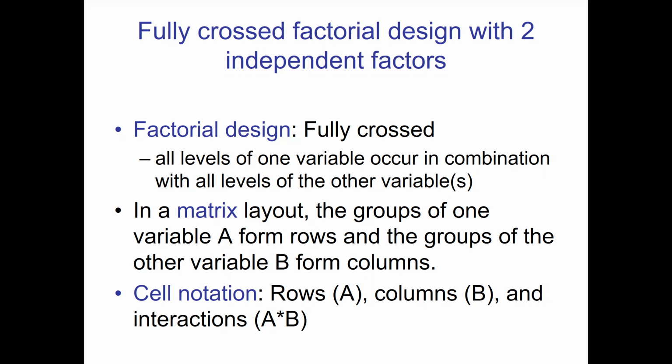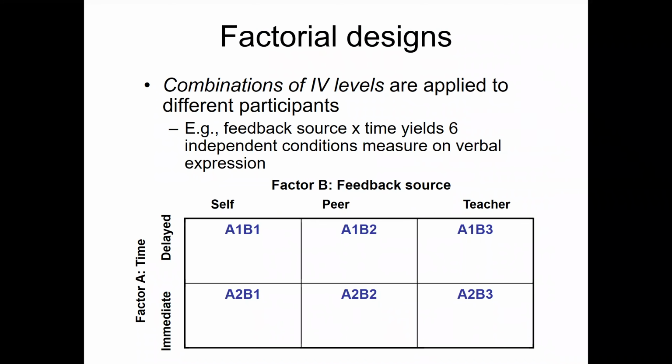This is the case. We have two independent factors, and we can describe that since feedback time is our factor A, and it has 2 levels, and factor B is feedback source, and it has 3 levels.